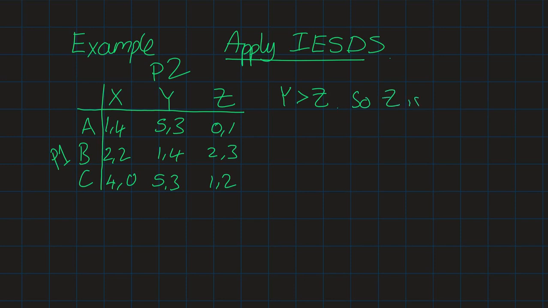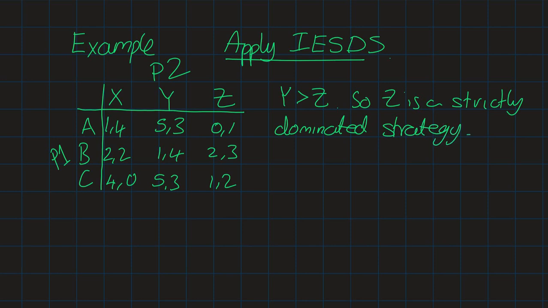So z is a strictly dominated strategy. Okay, so we eliminate it, and I'll cross it out like this. And now I'm going to redraw the table.